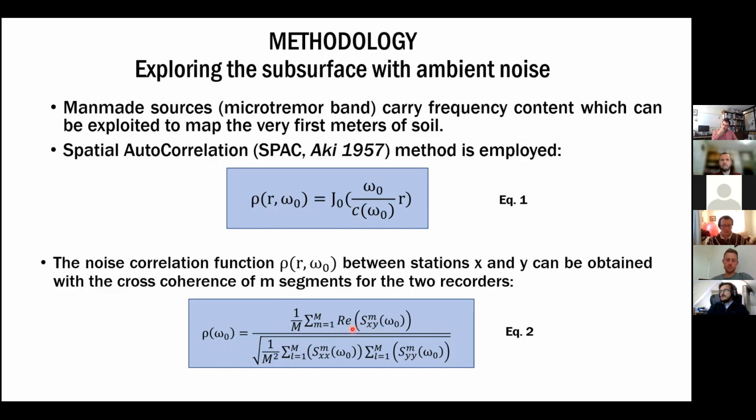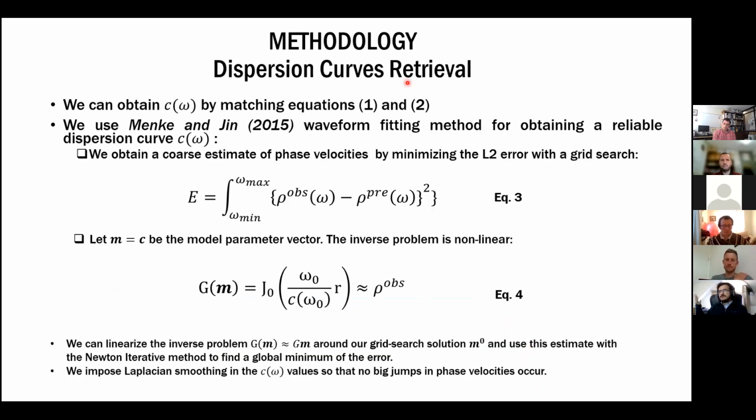It will be equal to the real part of the cross spectrum of X and Y recorders divided over M segments and normalized by the auto spectral density of the X recorder and the Y recorder, which are equations 1 and 2. How can we retrieve dispersion curves? We can obtain the dispersion curve C by matching equations 1 and 2.